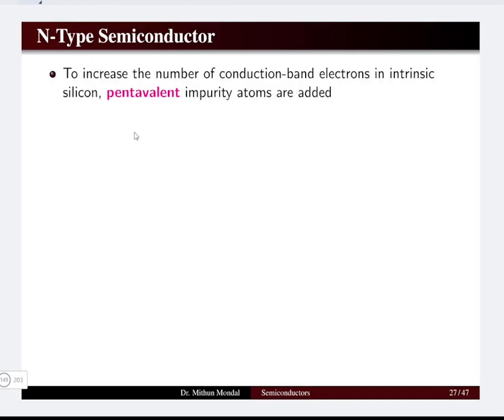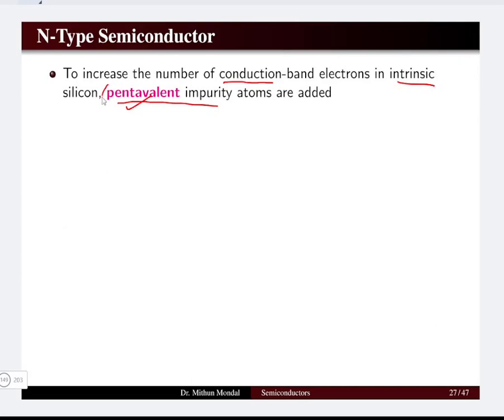In the N-type semiconductor, the conductivity is increased by adding a pentavalent impurity to the intrinsic silicon. So when we need to increase the conductivity of an intrinsic silicon material, we add a pentavalent impurity atom.